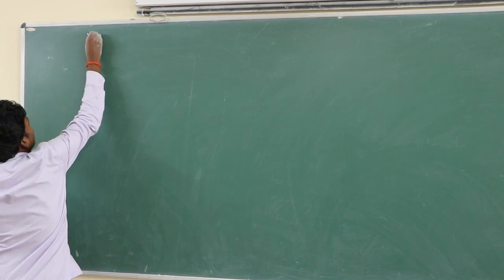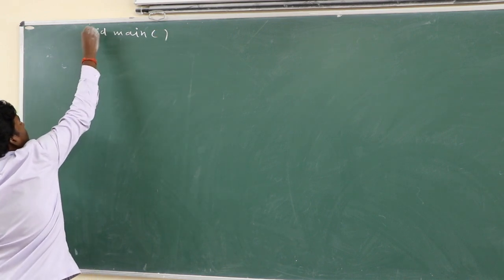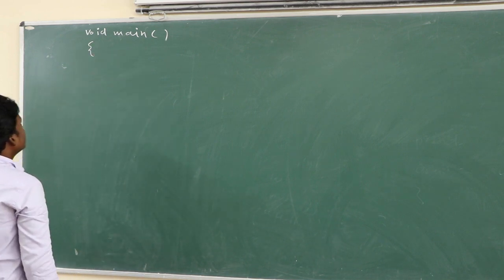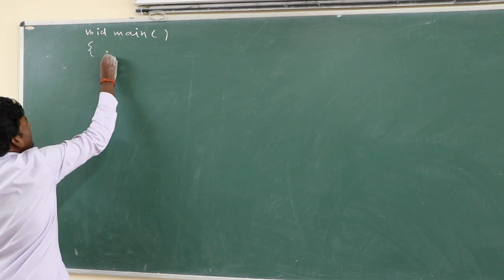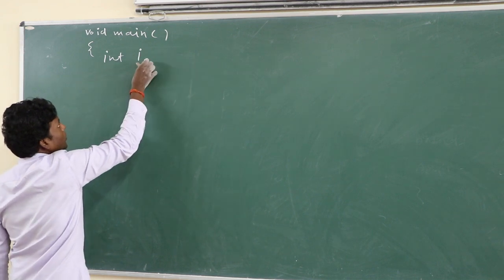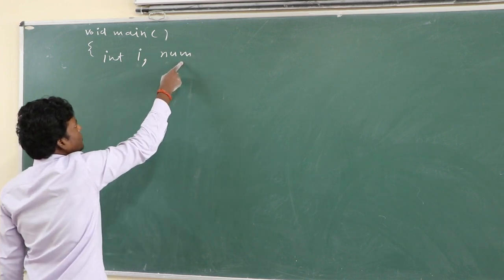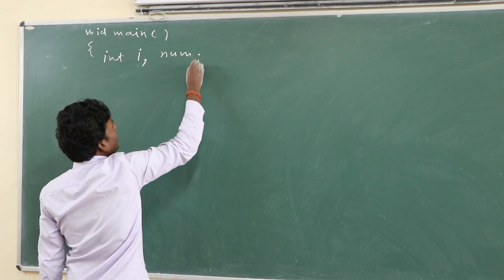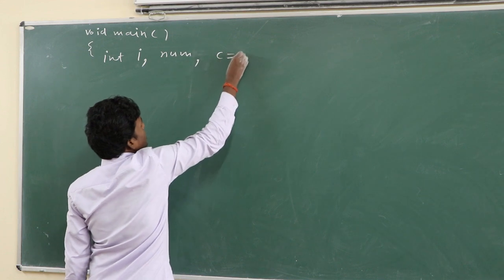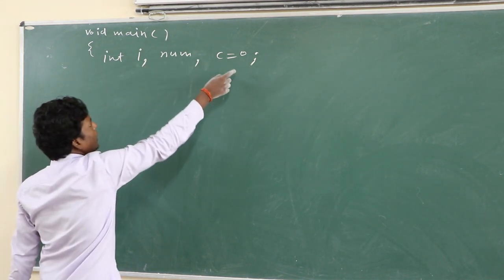Here void main, int I, this I is used for the loop. Then num, the number that we want to check whether it is prime or not, and a counter variable to count its divisors, that is C. There are three variables, I, num and C.